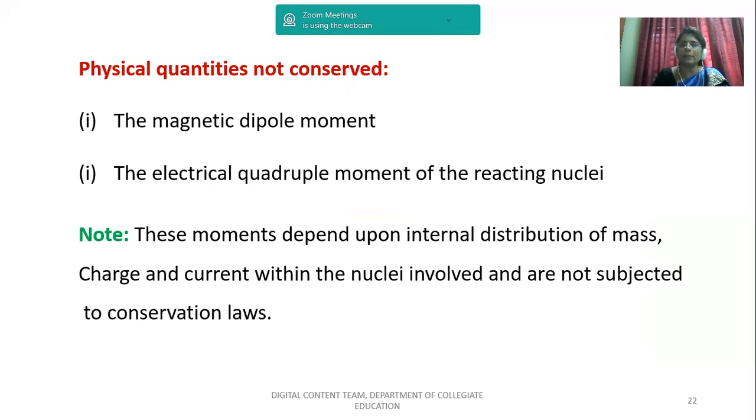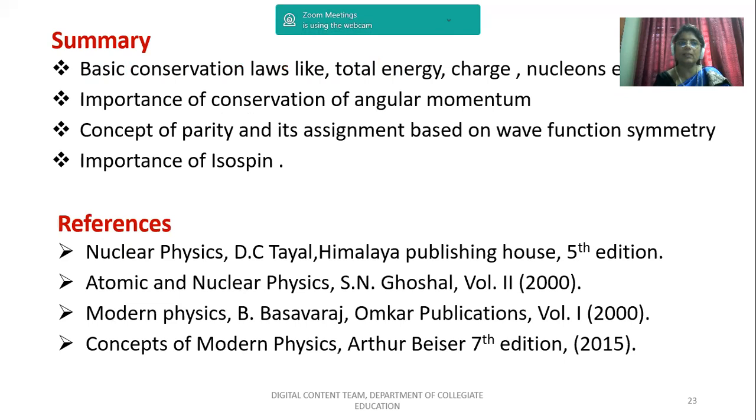These two physical parameters are observed to be not conserved in nuclear reactions because these moments depend on the internal distribution of mass, charge and current within the nuclei involved and are not subject to conservation laws. So this is how these two parameters are not conserved in any nuclear reaction. And with this, let me move on to the summary of the session.